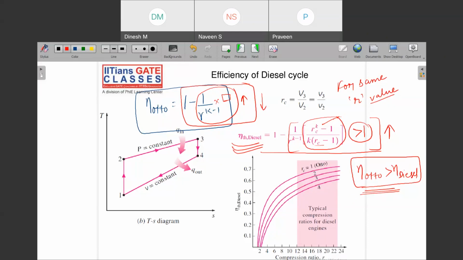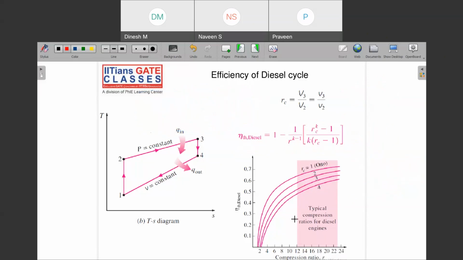Then what is the range of compression ratio for diesel cycle? For diesel cycle it varies somewhere from 12 to 22, but for exam purposes you can remember that the r value varies from 16 to 20 for diesel cycle, and for Otto cycle you can remember that it varies from 6 to 10.